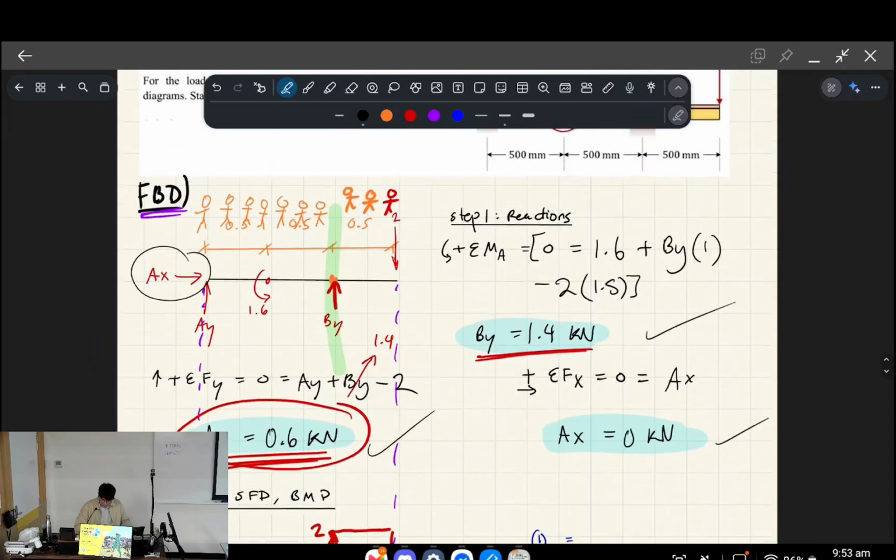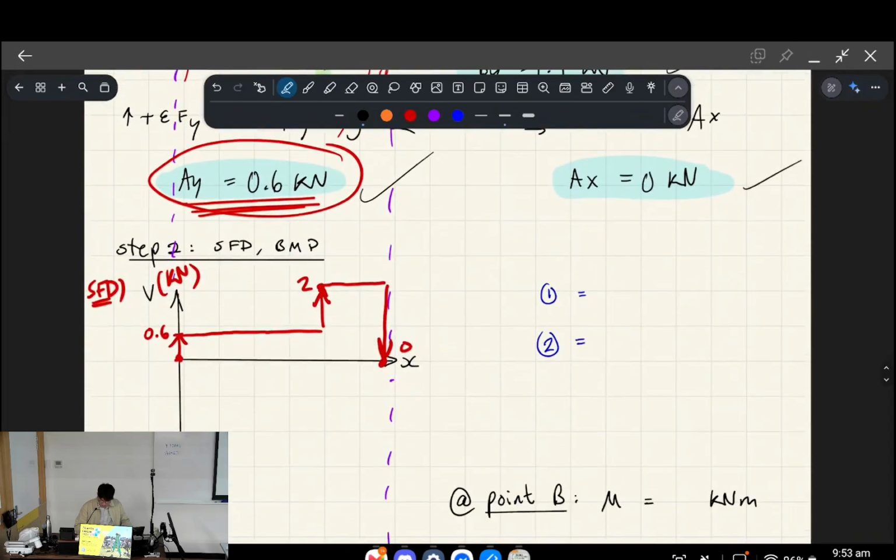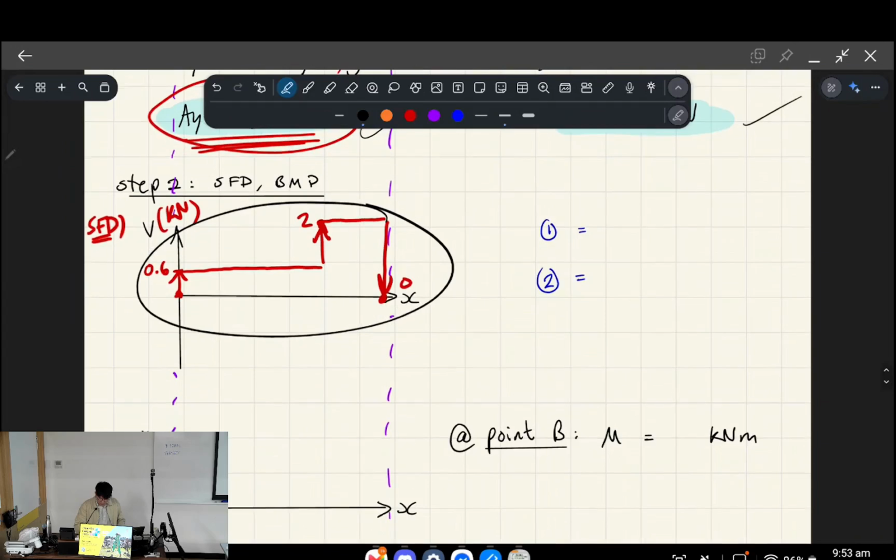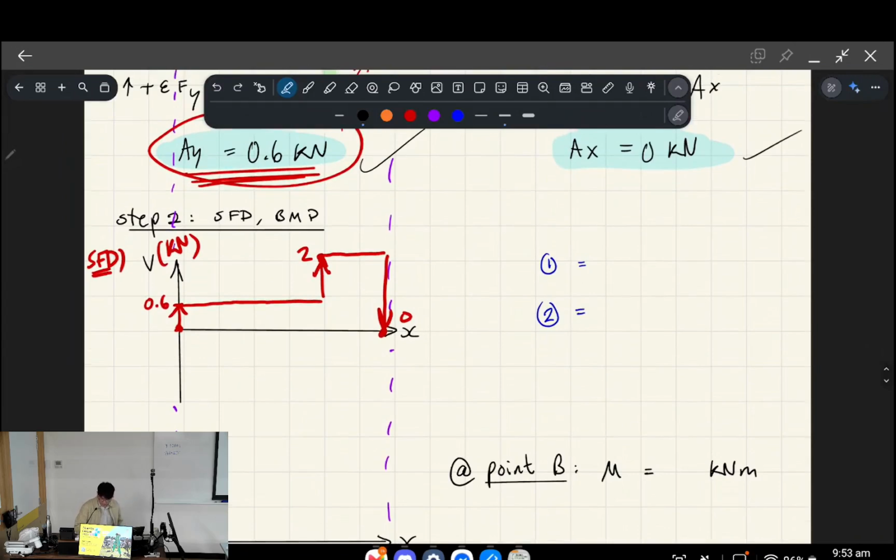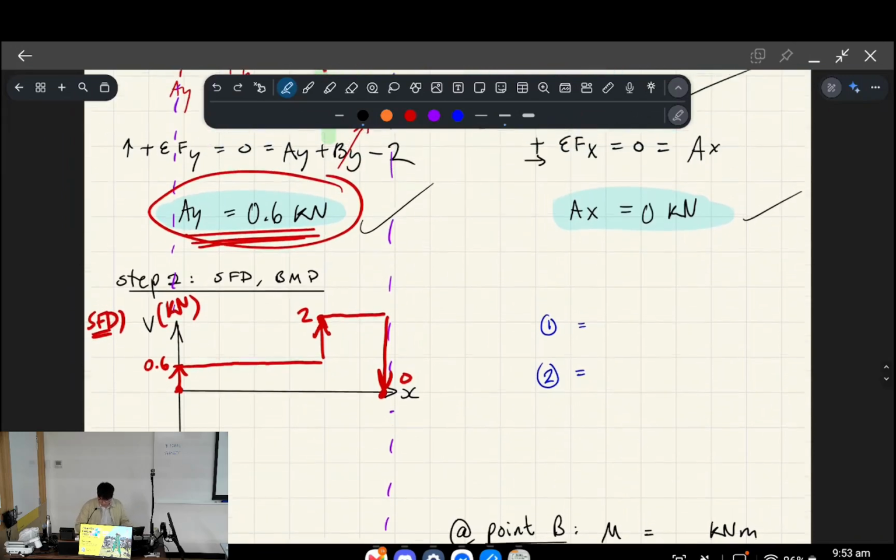Here's the thing. What we're going to do is find the area underneath the shear force, which is going to help to inform our bending moment diagram. We're going to split up our shear force diagram into smaller shapes, in as simple a way as we can get away with.